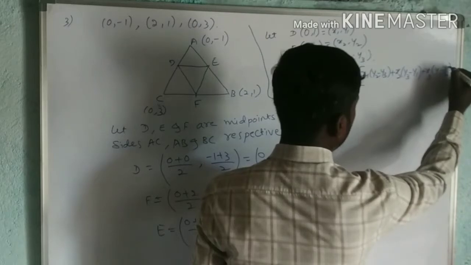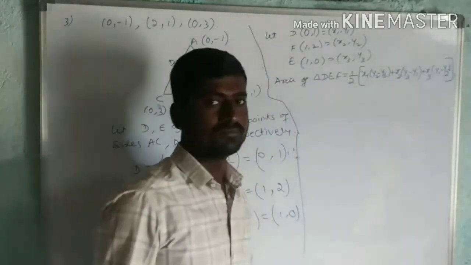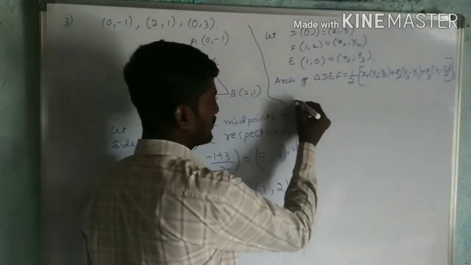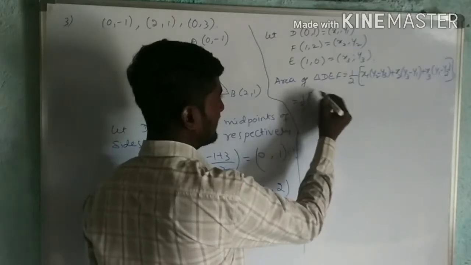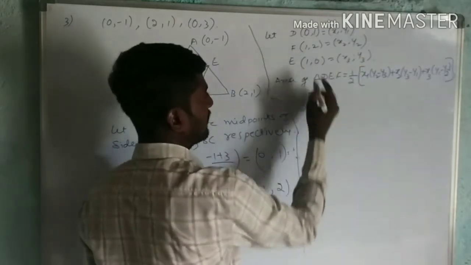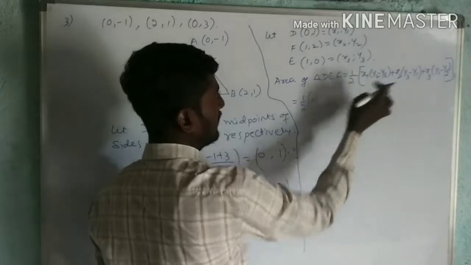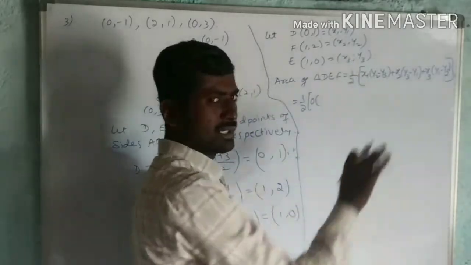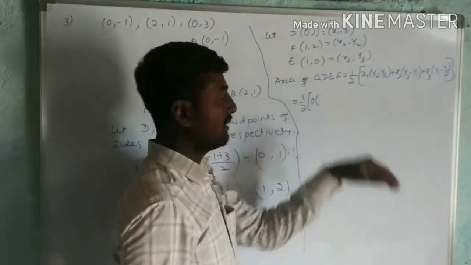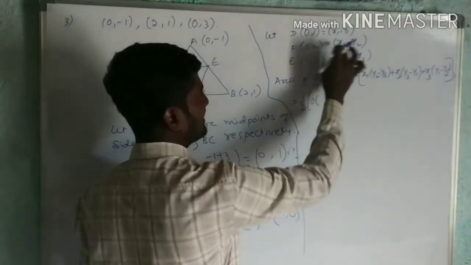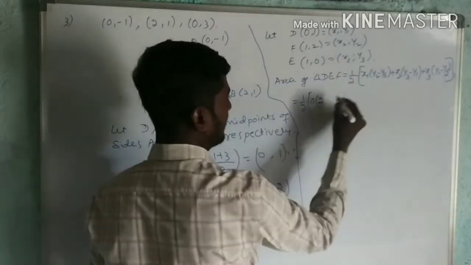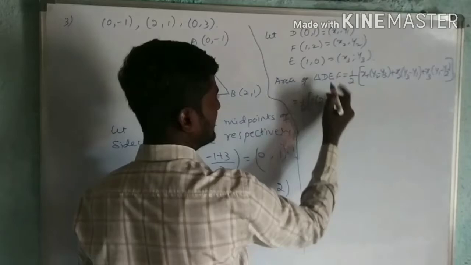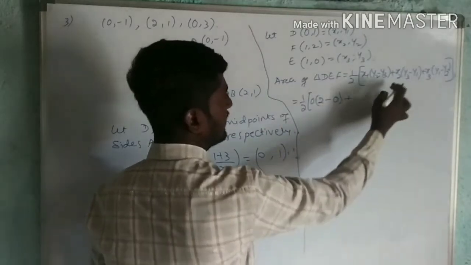Now let us substitute the values. 1 by 2 into x1, which is 0, into (y2 minus y3). So 0 into the number is 0. Can leave it, but I will substitute the values: y2 is 2 minus y3, y3 is 0, plus x2.